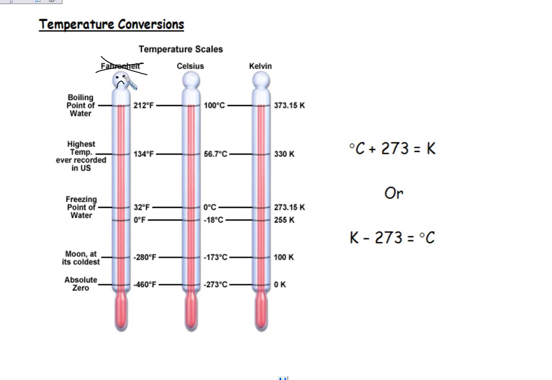On the Kelvin scale, 0 is called absolute 0. Okay, so these are a little different. Now we don't care about this guy. We're never going to use him. On the Kelvin scale, 0 is called absolute 0. It's this theoretical coldest temperature possible, where there are no particle vibrations even.